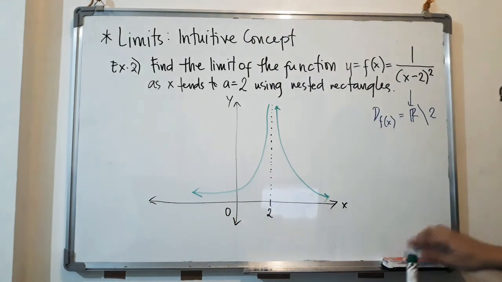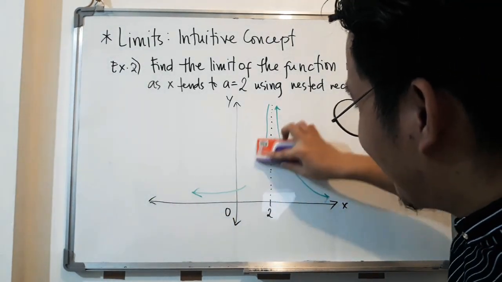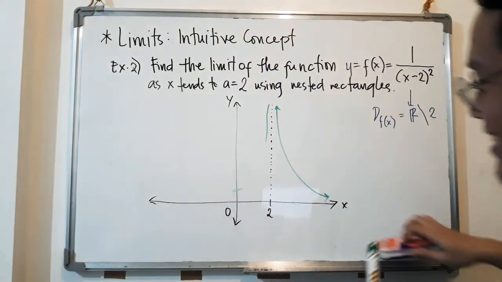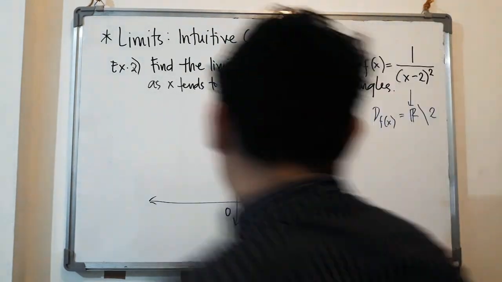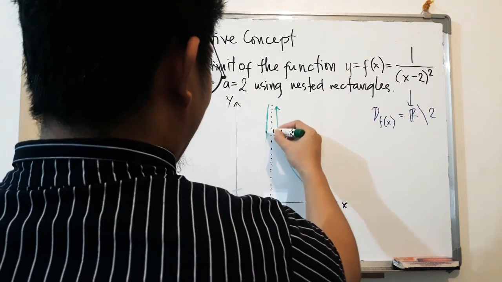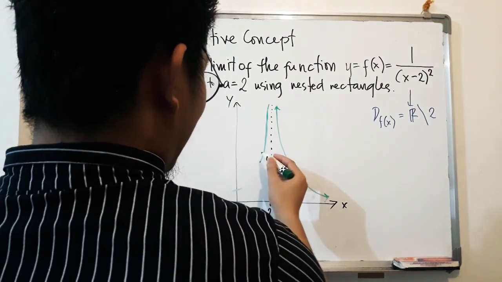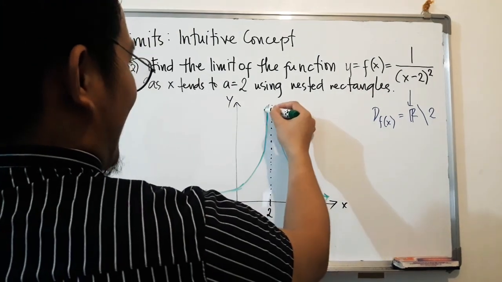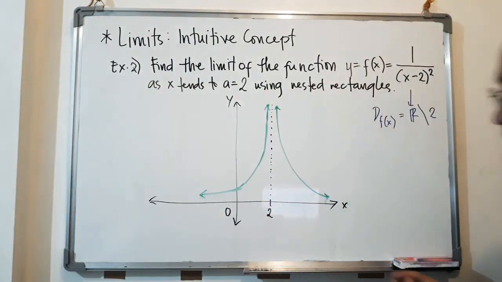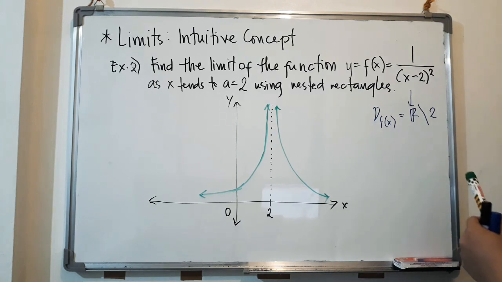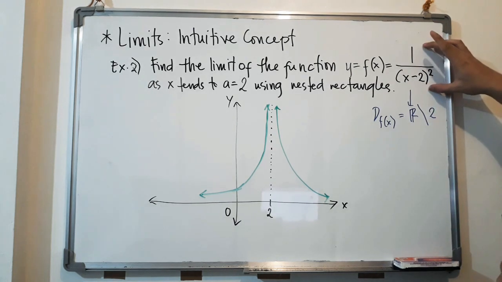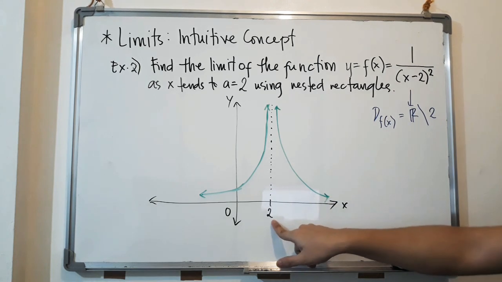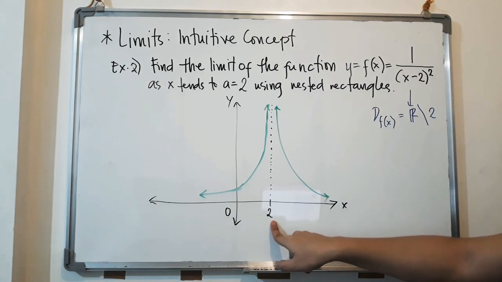Oh, sorry for that. The graph has to be symmetric. Okay. Well, let's just assume that my graph is symmetric. Okay, so this is the sketch of the graph of this function with vertical asymptote x equals 2.